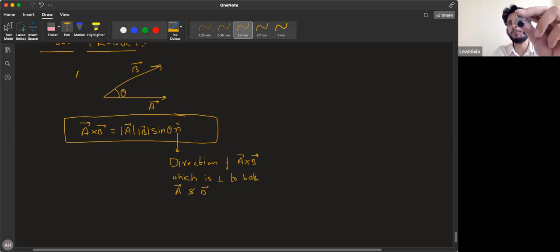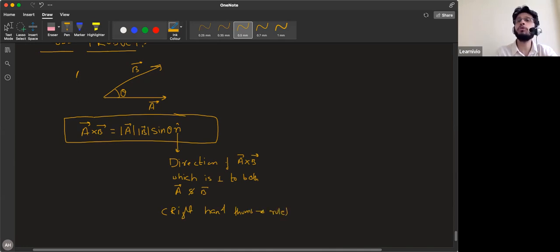Perpendicular to the plane of my laptop means it's either outwards or inwards. Now, whether it's outwards or inwards, the exact direction is given by the right-hand thumb rule. So if you draw these two vectors on your notebook, then you will have two options.